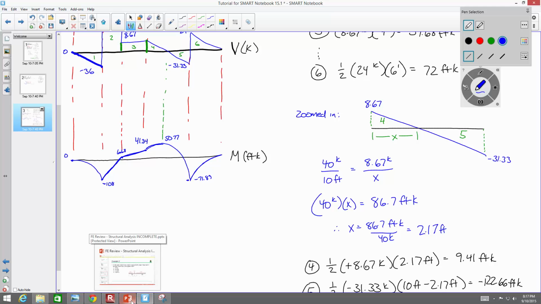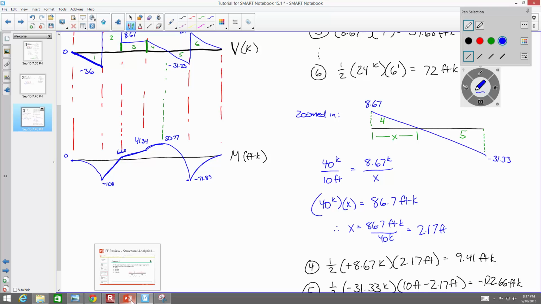Now, as for strategy, you could start adding up your areas and kind of see that. I wanted to make sure everybody understood the contours and whatnot. But beyond this, you really just need to go through the motions. You might need to know it. It might not ask the same question, and you might need the moment diagram.